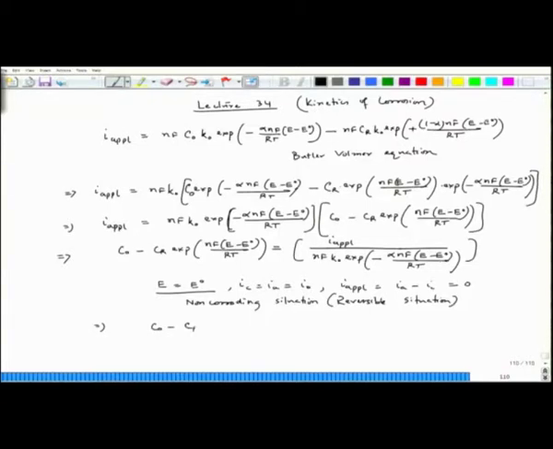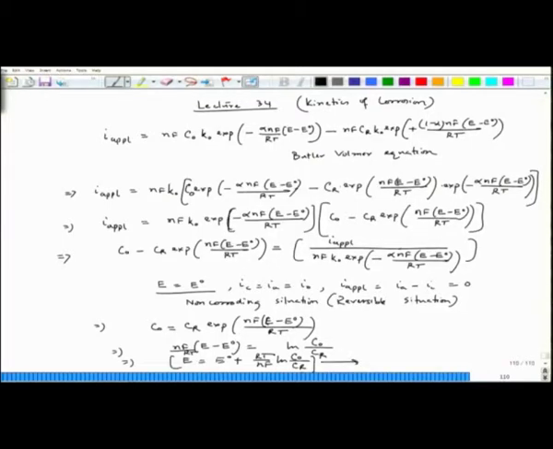So, C_O over C_R times exponential nF (E minus E0) by RT would be equal to 1, so nF (E minus E0) equal to ln C_O by C_R, or E equal to E0 plus RT by nF ln C_O by C_R.